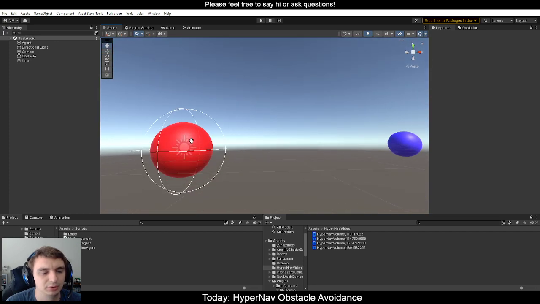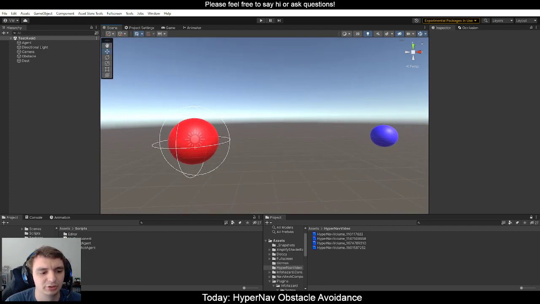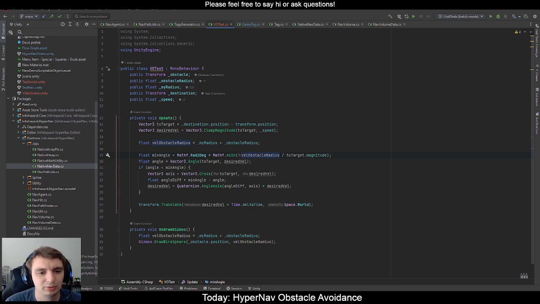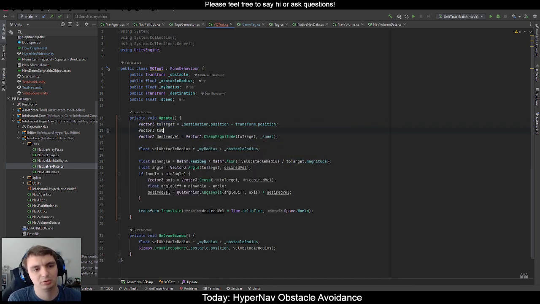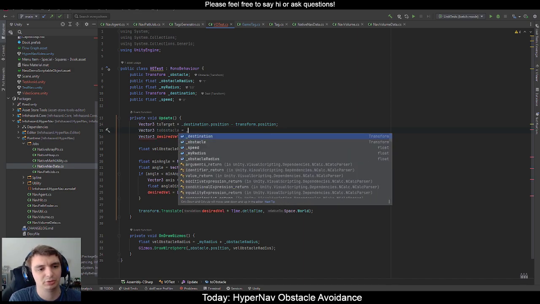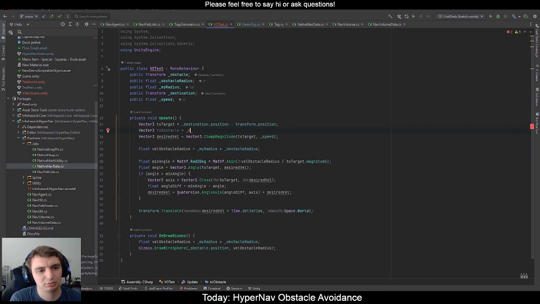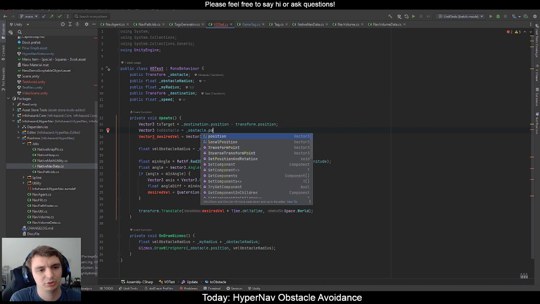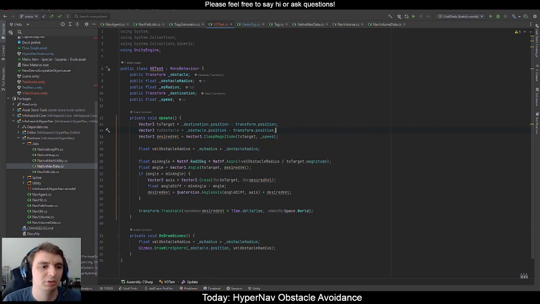It's 3 or whatever. Well, it's 1.5 divided by the distance from, oh, okay, I'm mixing up the, I need toObstacle equals obstacle.position minus transform.position.